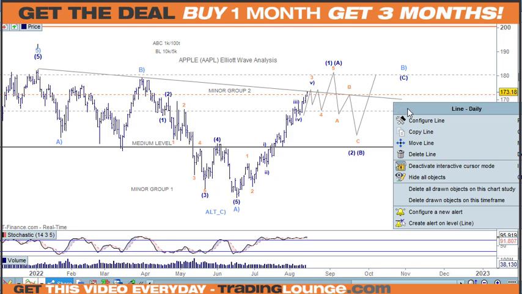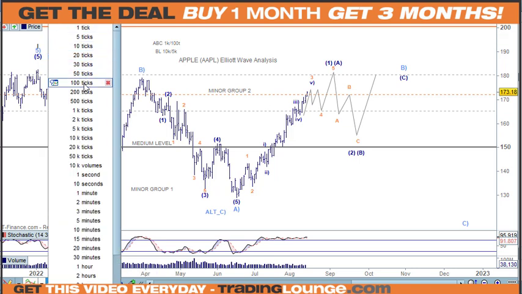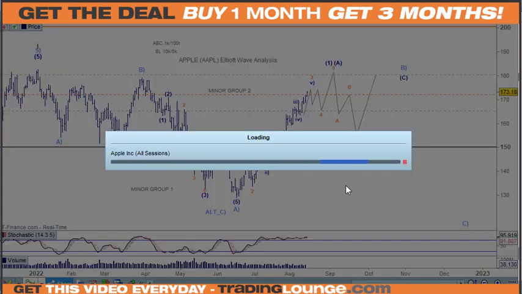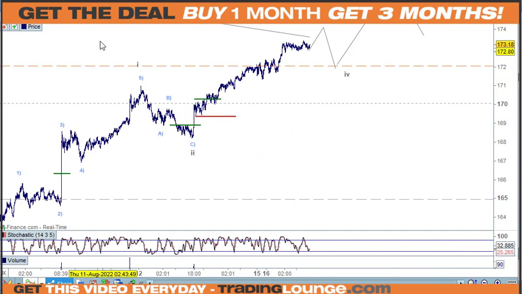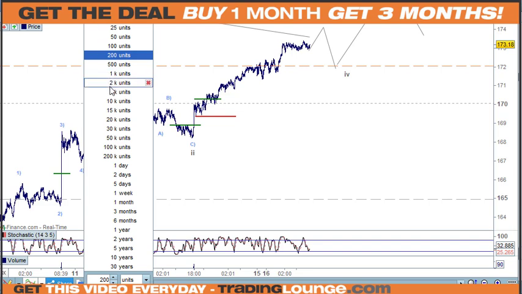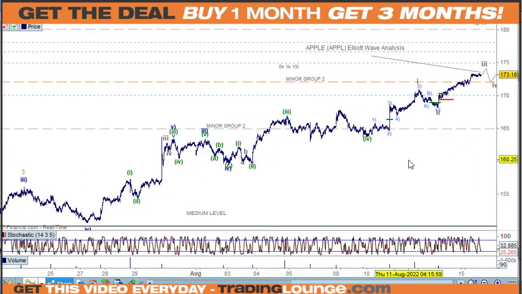I'm going to remove that now because we'll just use the wave count, and we're in minor group 2 here at the moment. So 65, 72 and 80, and we're going to go from the daily to the 100 ticks. Might need to bring in a bit more data, I think. Yep, so not too much, maybe there's plenty too much.